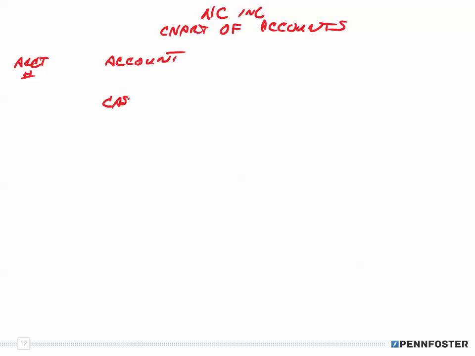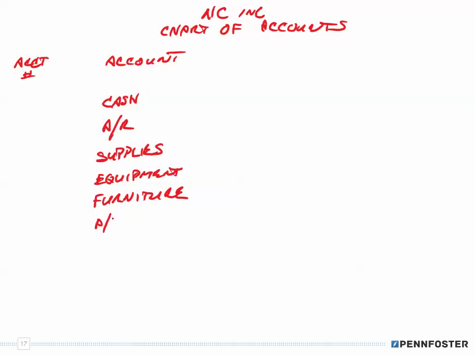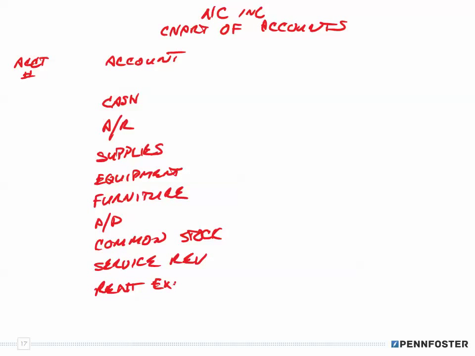We have a cash account, and then we have, and I'm abbreviating, accounts receivable, supplies, equipment, furniture, accounts payable, common stock, service revenue, rent expense, and utilities expense.